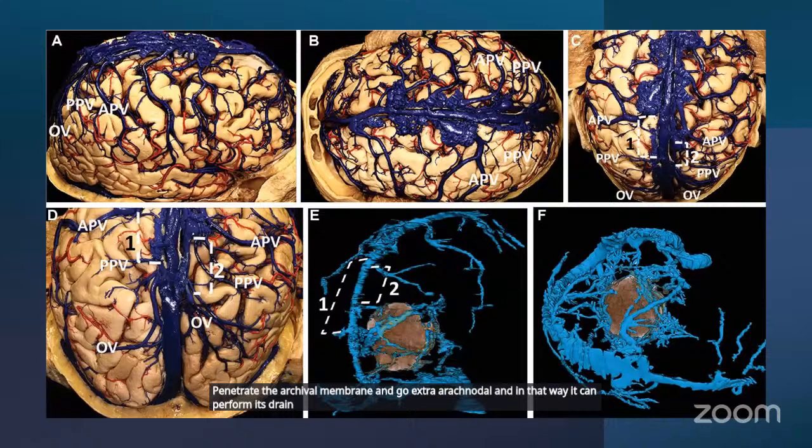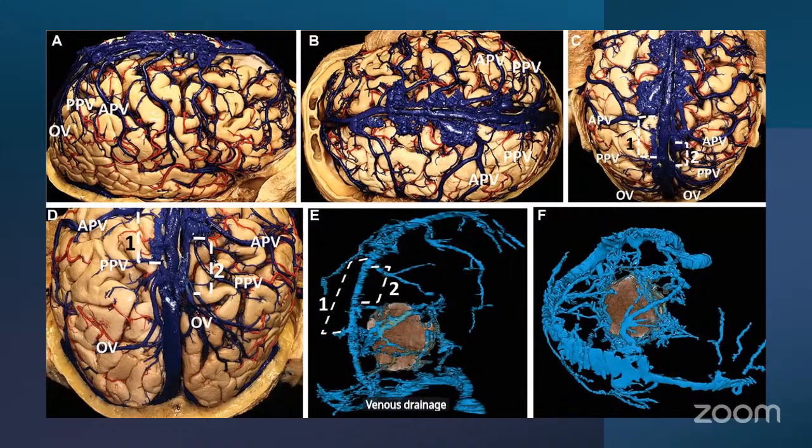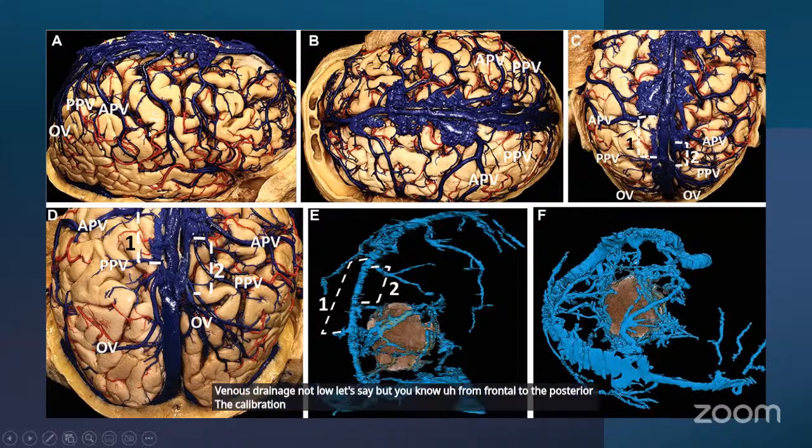So regarding the superficial veins from frontal to occipital, the frontal part is a little low on venous drainage. Not low, let's say, but from frontal to the posterior, the caliber of the veins is increasing.